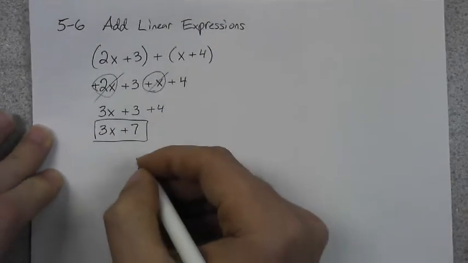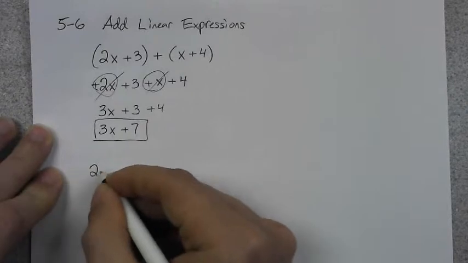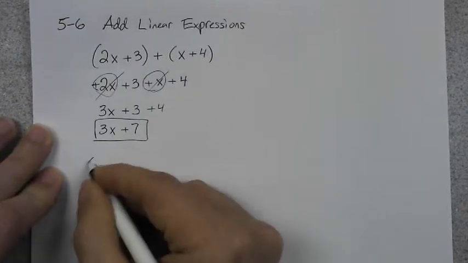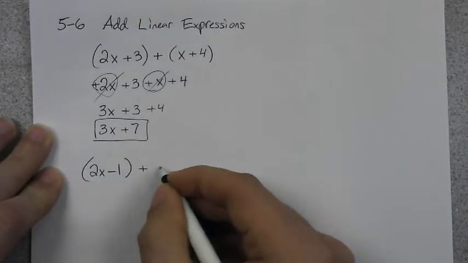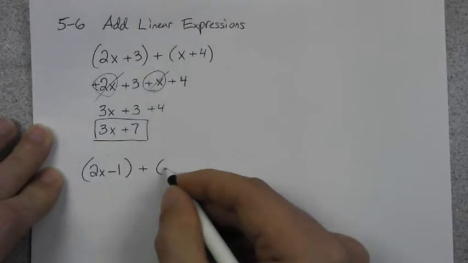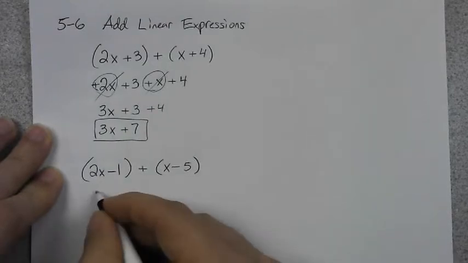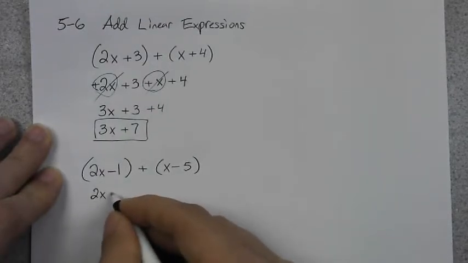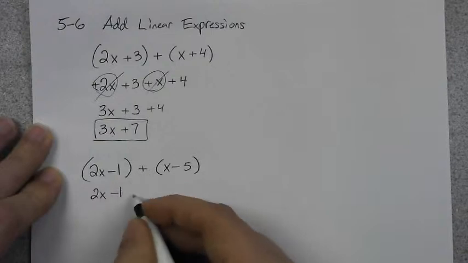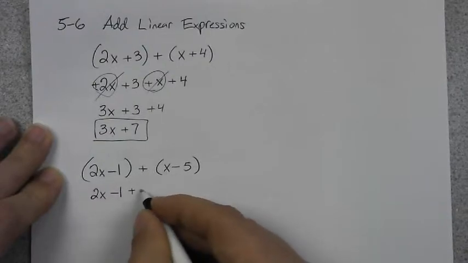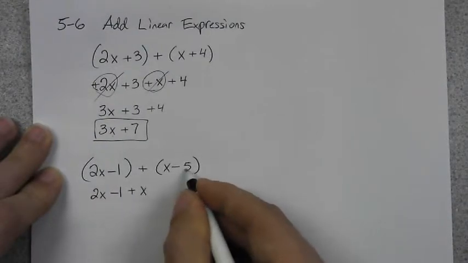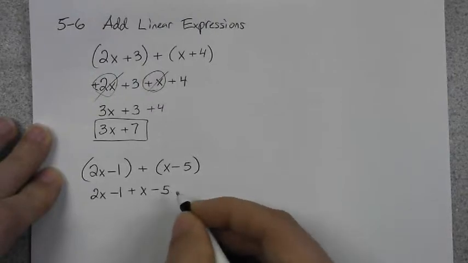Let's take a look at another example. Say I had 2x minus 1 plus, let's do this, a linear expression, x minus 5. So now, again, I'm going to rewrite this as 2x minus 1. I've got a plus there, no negative sign, so just plus x and minus 5.